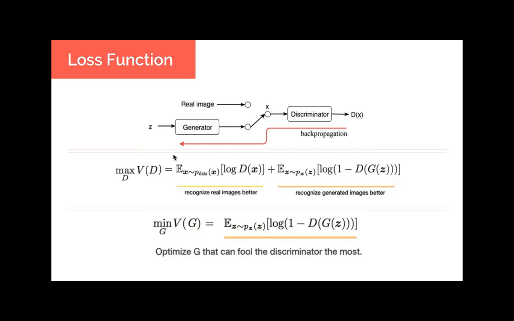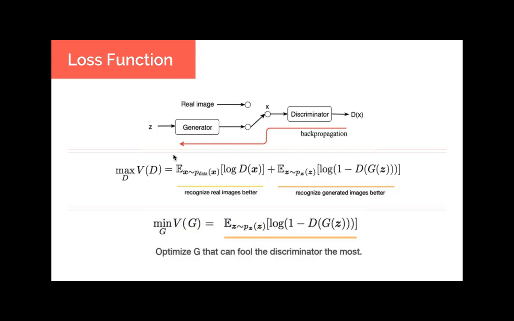So our y, what is the label for the real image passing through the discriminator? Everybody remember? What is the label? Yes, it's 1. And the output of the real image passing through the discriminator is D of x.